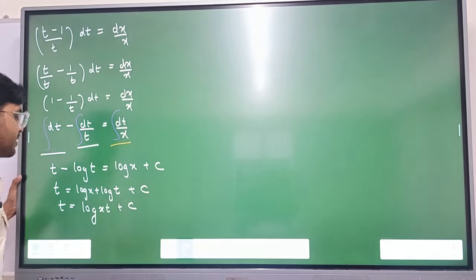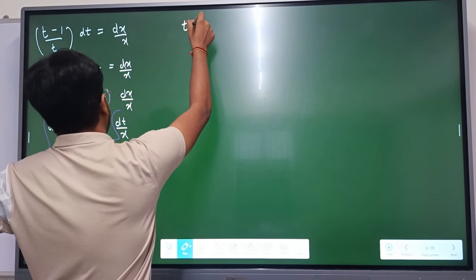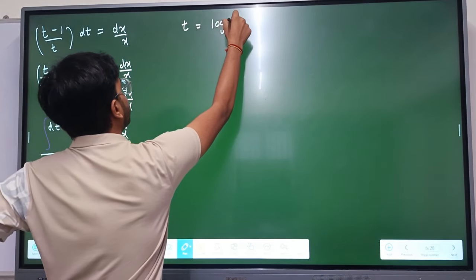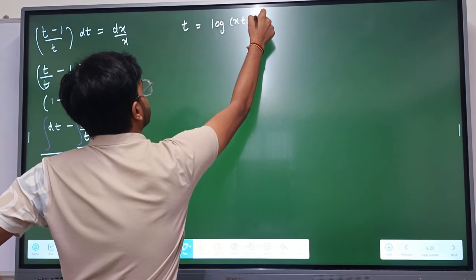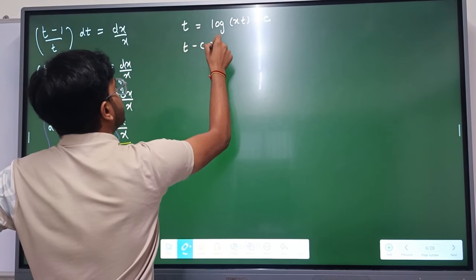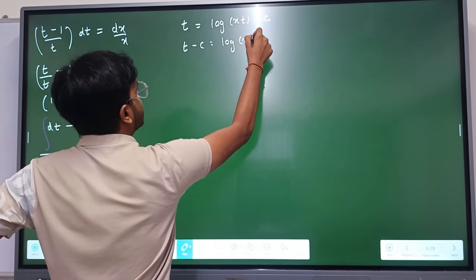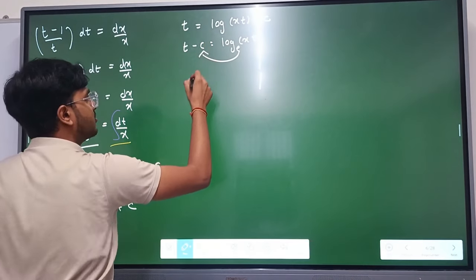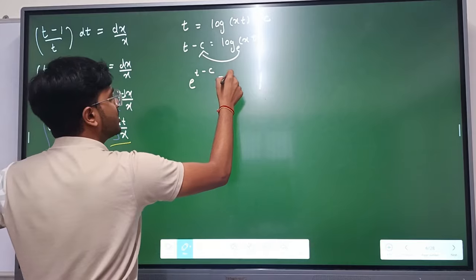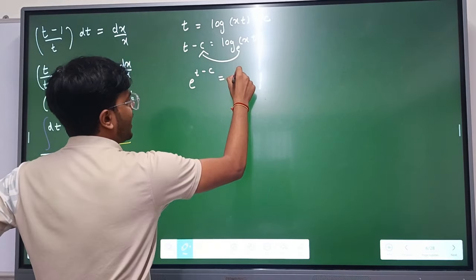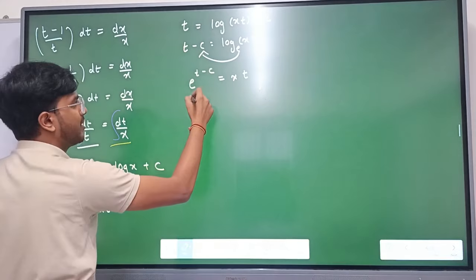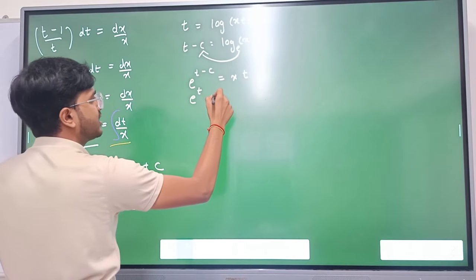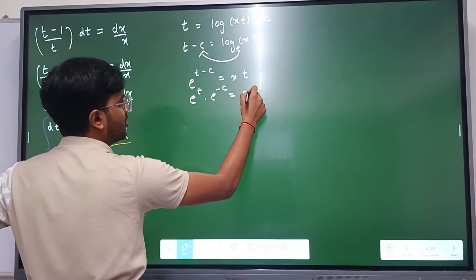So what do we get? t equal to log of xt plus c. So t minus c equal to log of xt. Log means log base e. If I send this e over here, e power t minus c equals xt. e power t minus c, I can write as e power t times e power minus c, equal to xt.